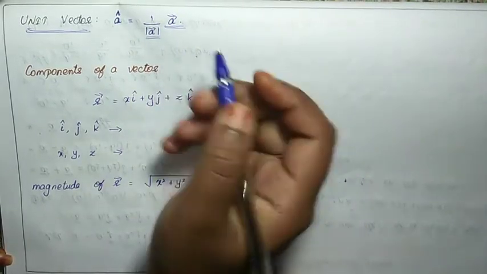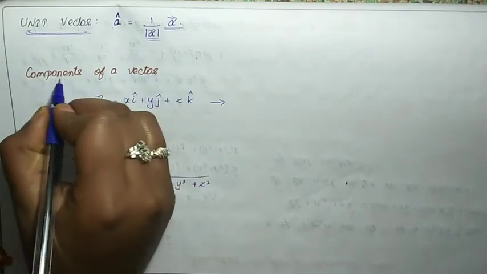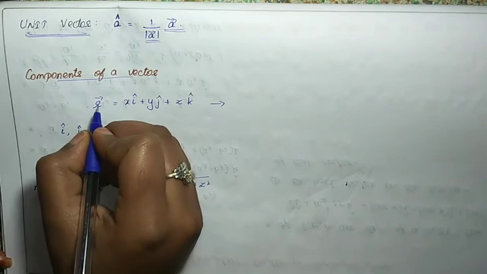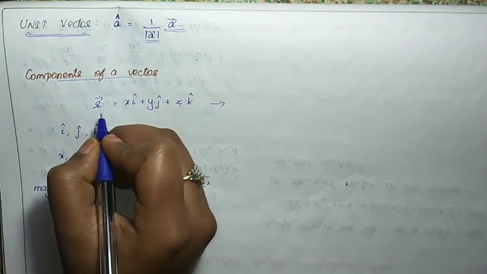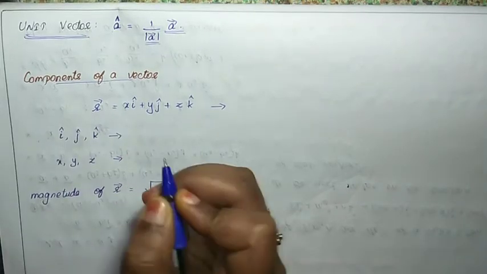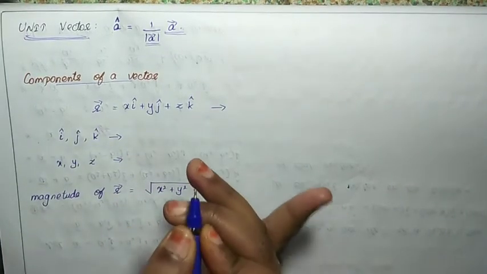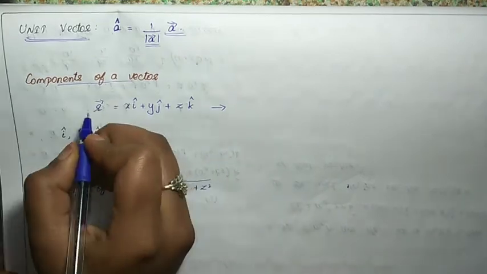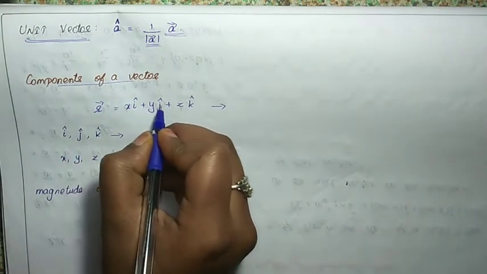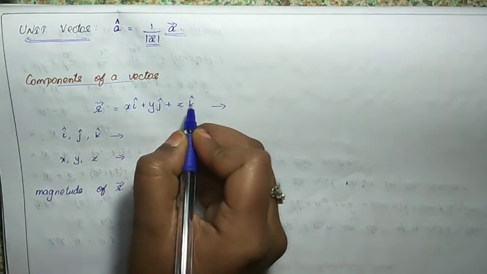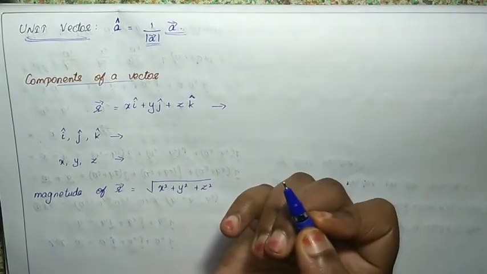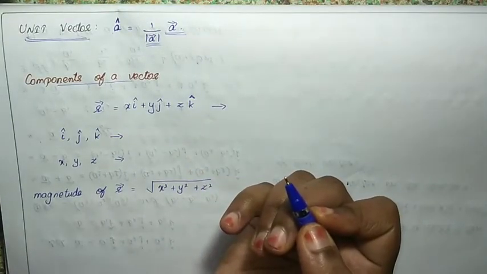Now let's move on to the next topic, components of a vector. Components of a vector means what a vector equation contains. Let r vector equals xi cap plus yj cap plus zk cap. See, a letter with a cap on top, what is it called? It is a unit vector.